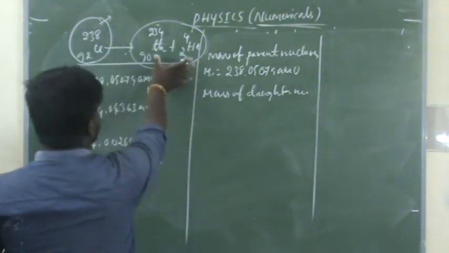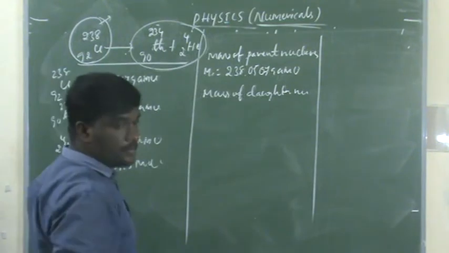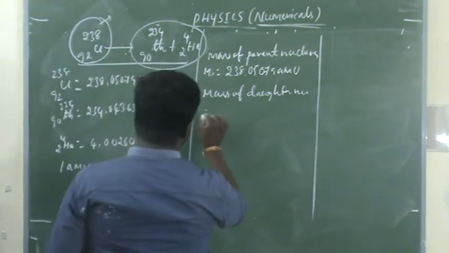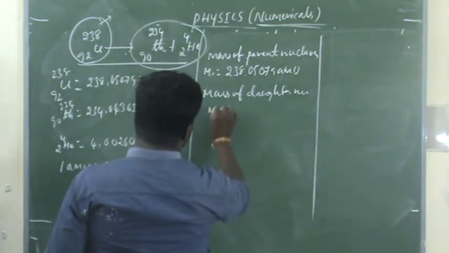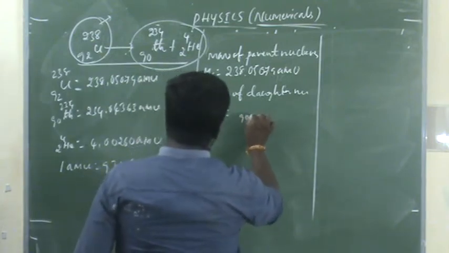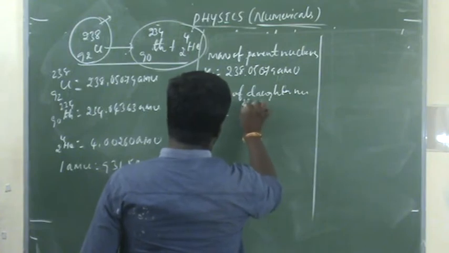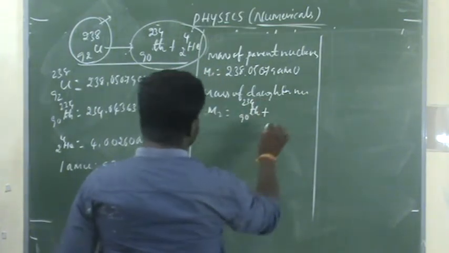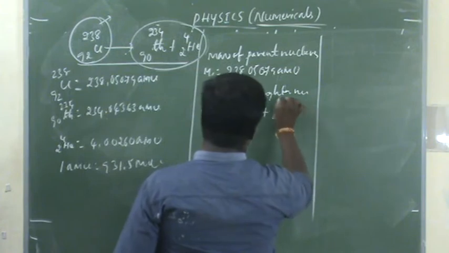So products are thorium plus helium. So we consider mass of the daughter nucleus M2, that is 90 thorium 234 plus 2 helium 4.